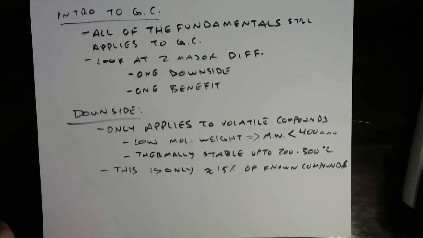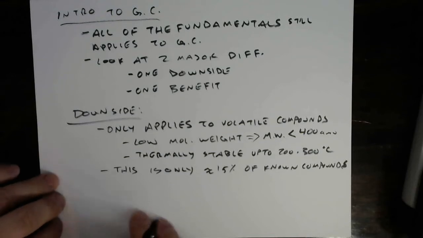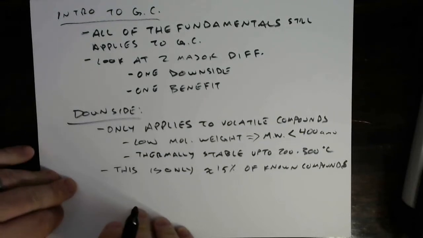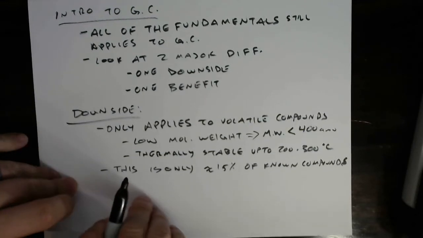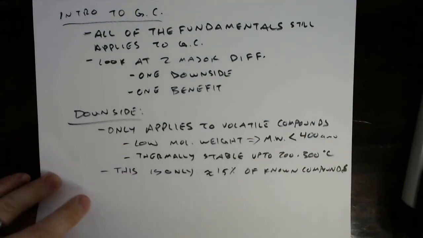So GC is not the solution for everything. It certainly is not anything like the kind of broadly applicable tool that LC is. So it begs the question, why do we do this at all? Well, the answer is there's a major benefit, and it is directly related to the instrumentation, which is fun for me because that's what I like to teach. So let's talk about that.